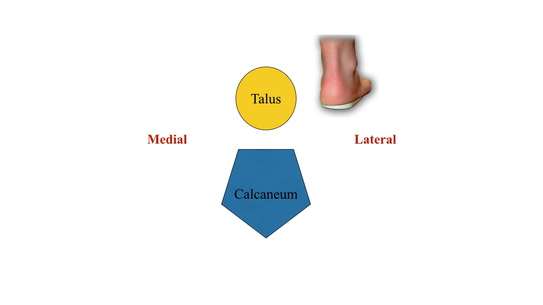This is the medial side and the opposite is the lateral side. The joint in between the talus and calcaneum is called the subtalar joint. So the talus, calcaneus and the subtalar joint.